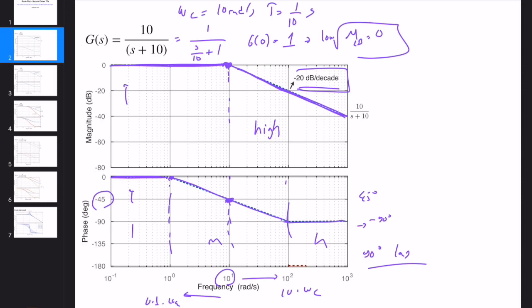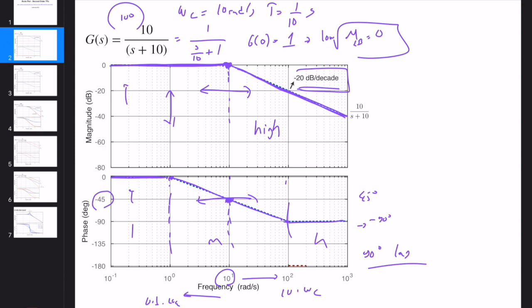Now let's try to speculate what happens if I change the frequency. Changing the frequency shifts the magnitude and phase plots in the horizontal axis, okay? But the shape is exactly the same, we only shift towards left or right based on the frequency. If I add a gain, for example, instead of 10, if I add 100, what I do is I change the magnitude only in the vertical direction based on the additional gain that I added to the system.